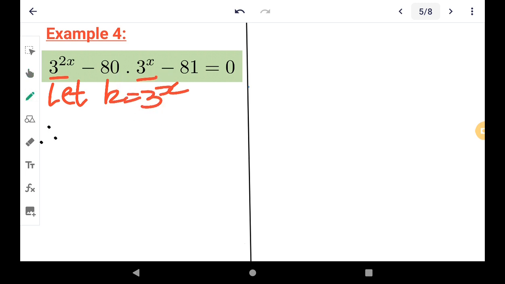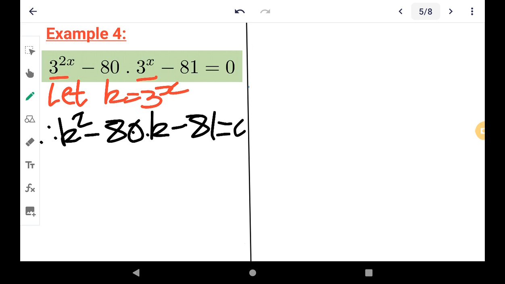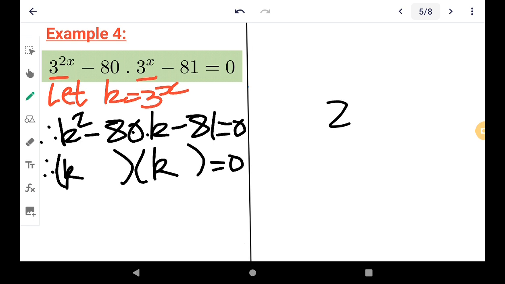So that will be k squared minus 80 times k minus 81 equals to 0. Now it's easy to factorize. Unlike with the first format, that was a nightmare to factorize. The factors of 81 that will give you 80 in the middle are 1 and 81.